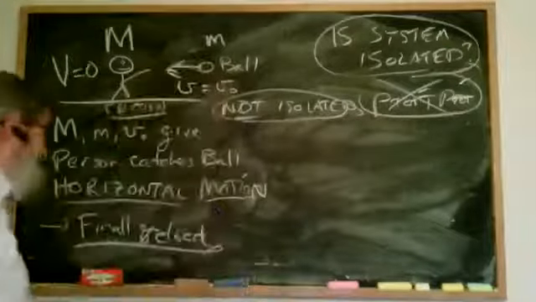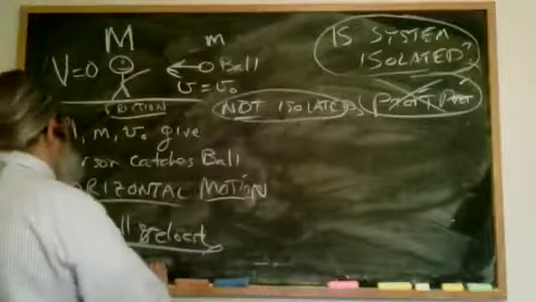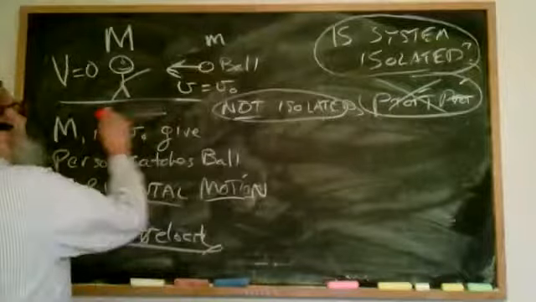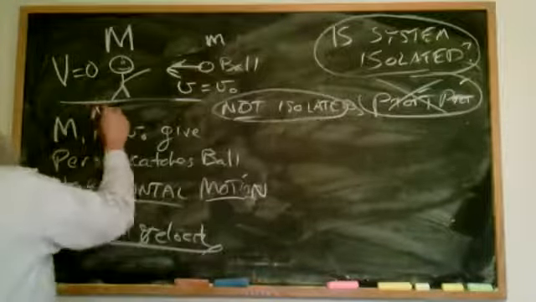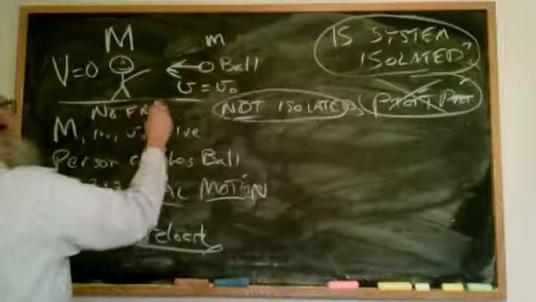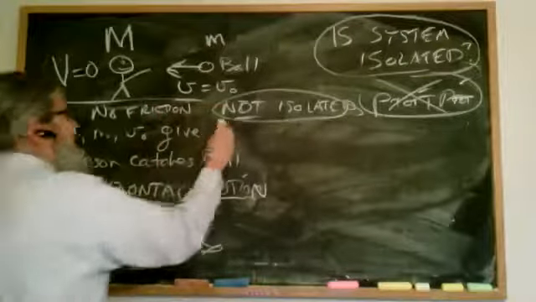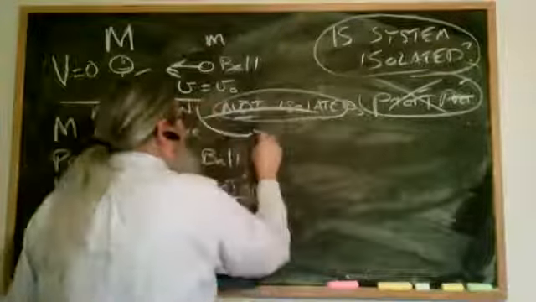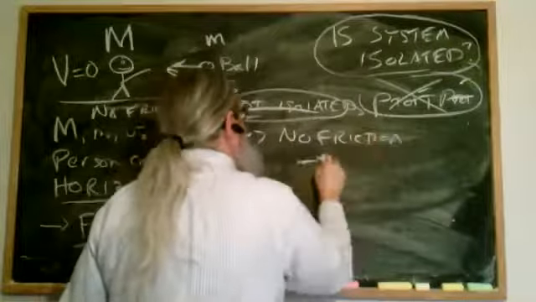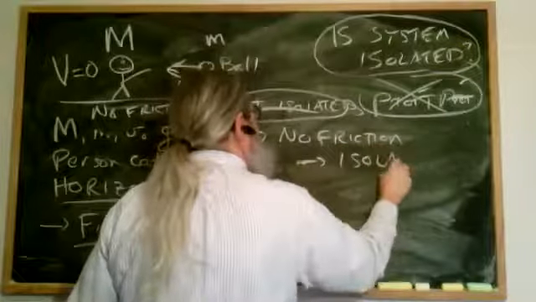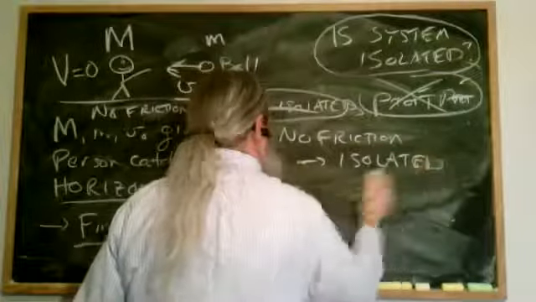The only way I could use conservation of linear momentum in this problem is if I told you that the person was standing on ice or something where there's essentially no friction. If I tell you this, then no friction means that the system is isolated, at least in the horizontal direction.